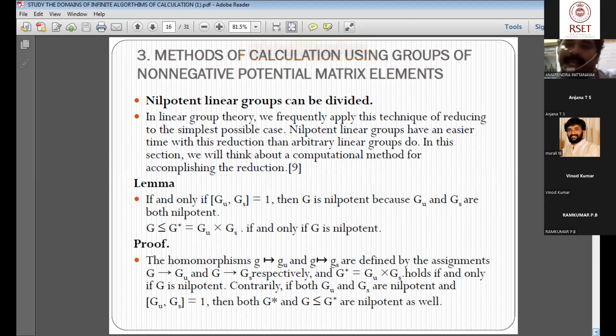We frequently apply this technique of reducing to the simplest possible case. Nilpotent linear groups have an easier time with this reduction than arbitrary linear groups do. In this section, we will think about the computational method for accomplishing the reduction. Similarly, some lemma is given.